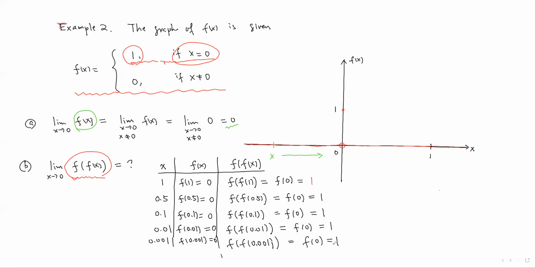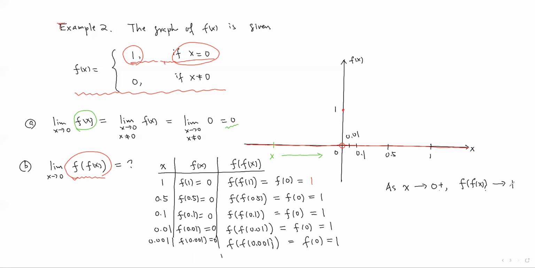So from this table, we see that as x approaches 0, I picked x on the right side of 0: 1 here, 0.5, then 0.1, 0.01. As x approaches 0 from the right side, f of x approaches 1.